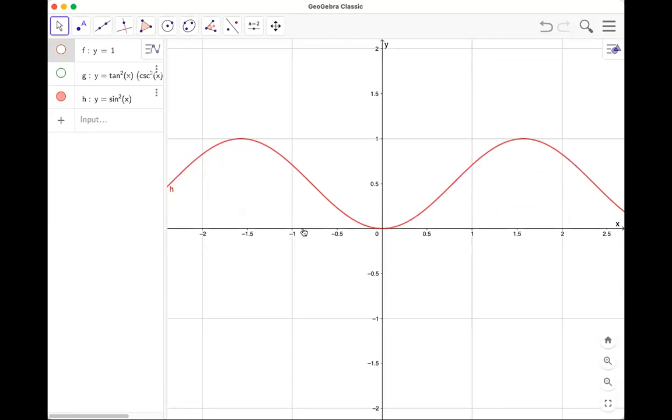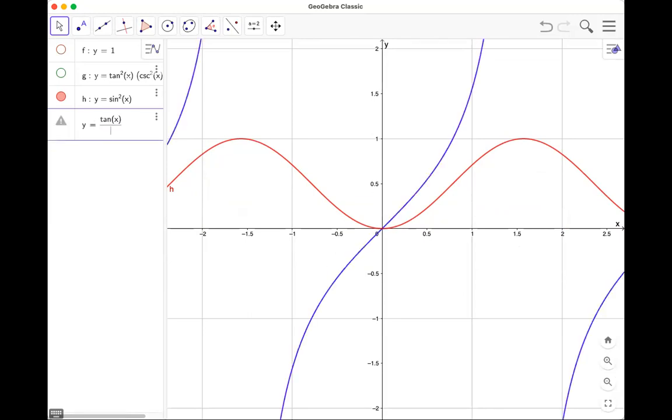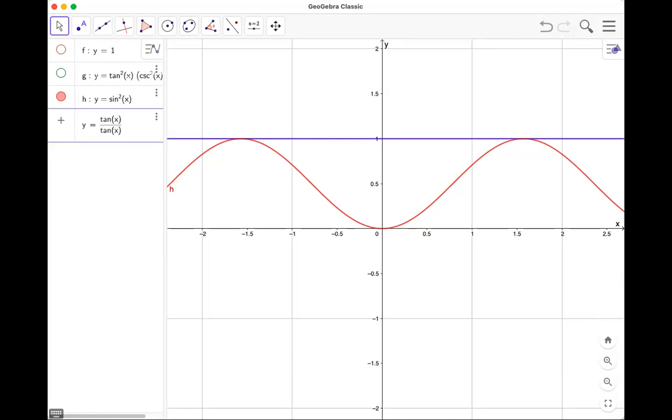Okay. So this is the graph of y is equal to sine square x, the red one. And alam natin, yung original equation natin is y is equal to tangent x over tangent x plus cotangent x. Dapat pareho sila. Ayan.